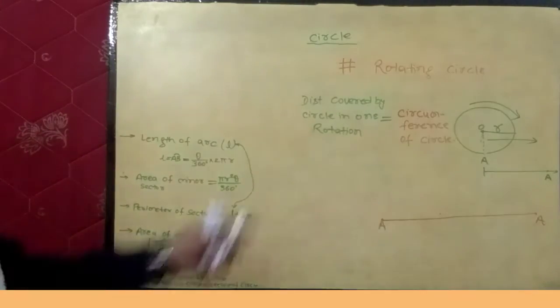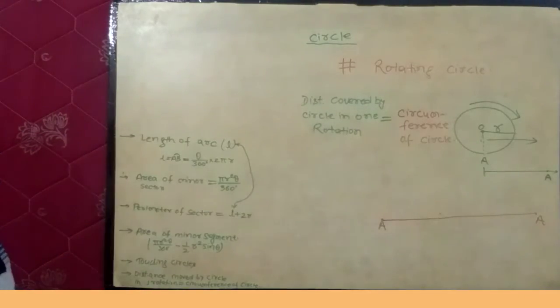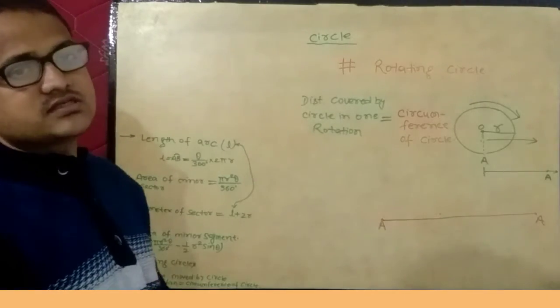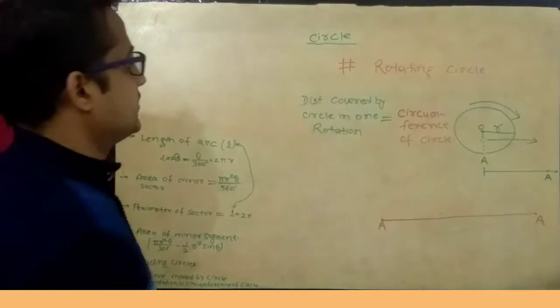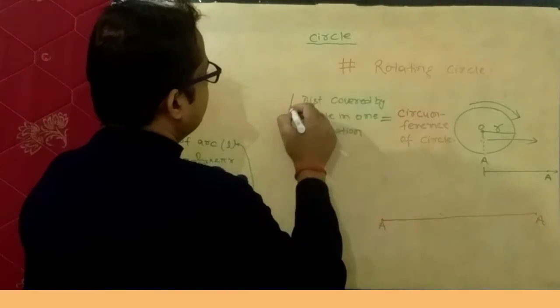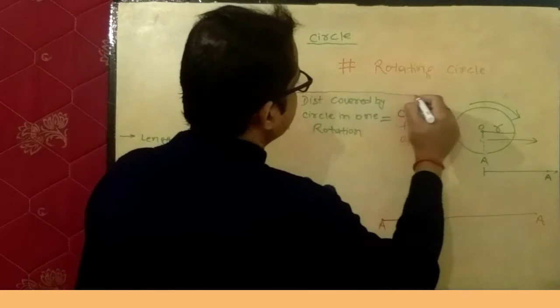So this is the distance covered by a circle in one complete rotation, and this is equal to the circumference of the circle. This is an important result and you have to remember this result.